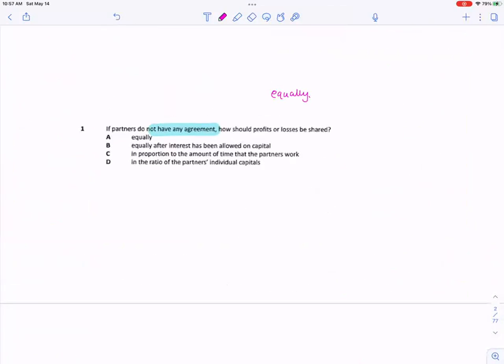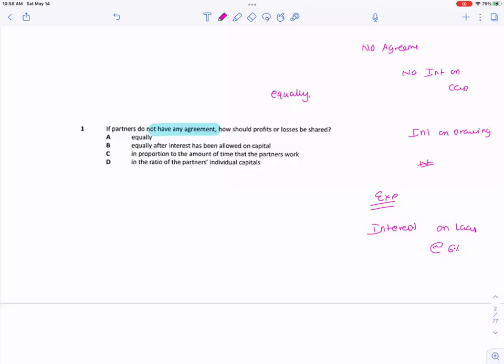Another thing that you need to know is that if there is no agreement, then there is no interest on capital. There is no interest on drawings. Nothing is given except interest on loan at 6%.